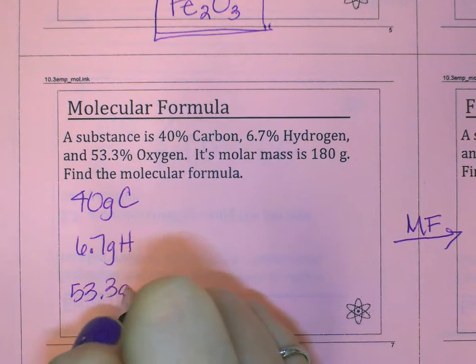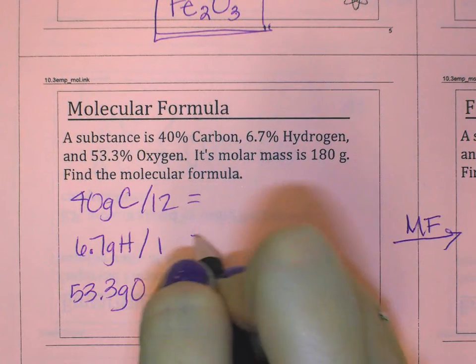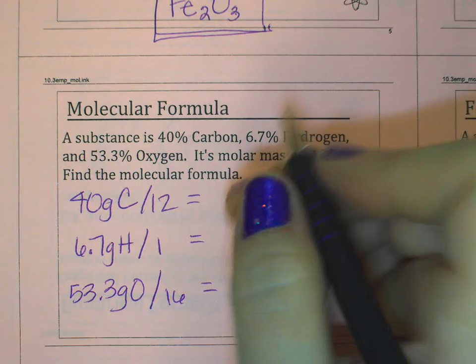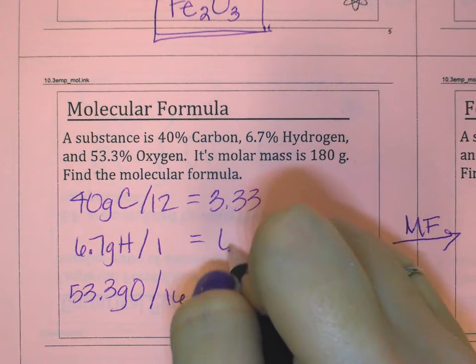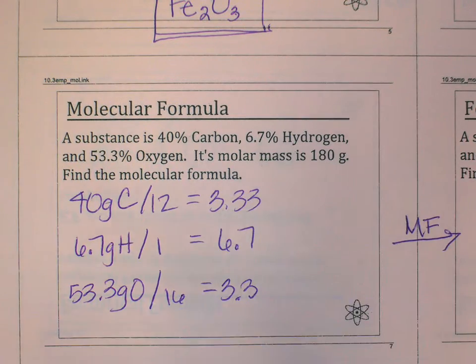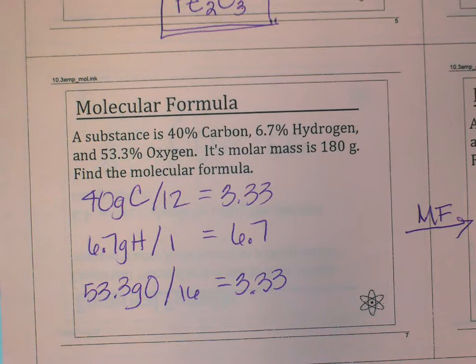Divide them all by their molar masses and get some numbers here. So this number is 3.33, 6.7, 3.33 again. Third step is to divide these all by the smallest in the list.